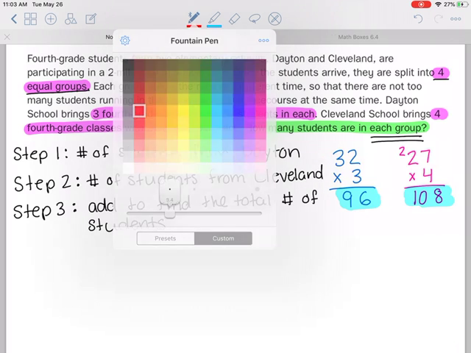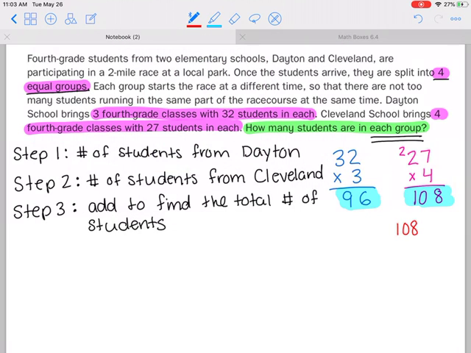I'm going to take 108 plus 96. I know that 8 plus 6 is 14. 9 plus 1 is 10. 1 plus 1 is 2. So there are 204 students total that are going to participate in this 2-mile race at the park.